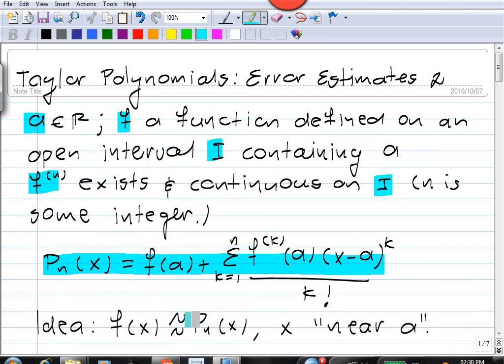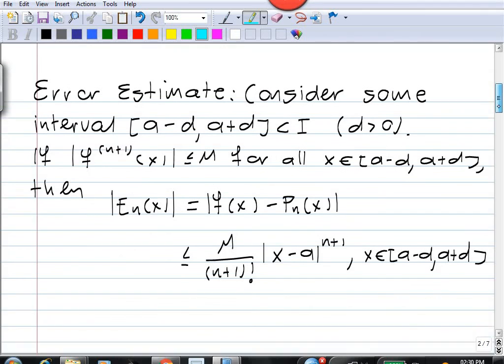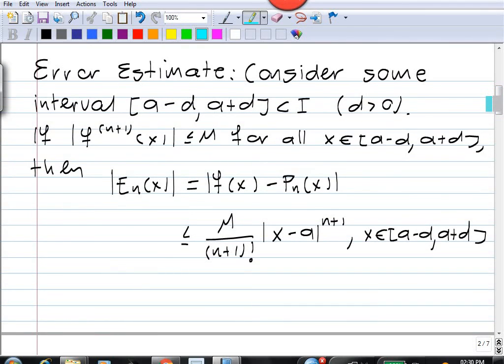And of course the idea is that the Taylor polynomial Pn is supposed to be an approximation for the function f whenever x is near a. Now in a previous video we discussed error estimates for the approximation.